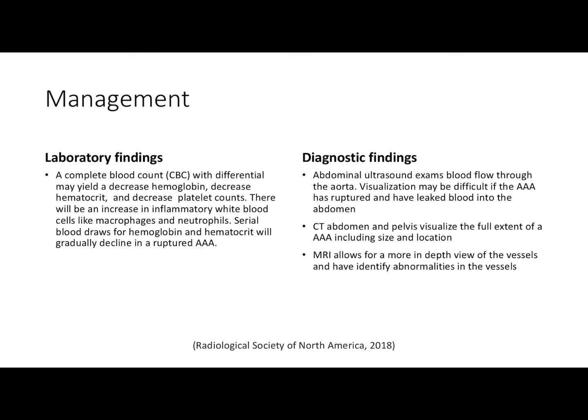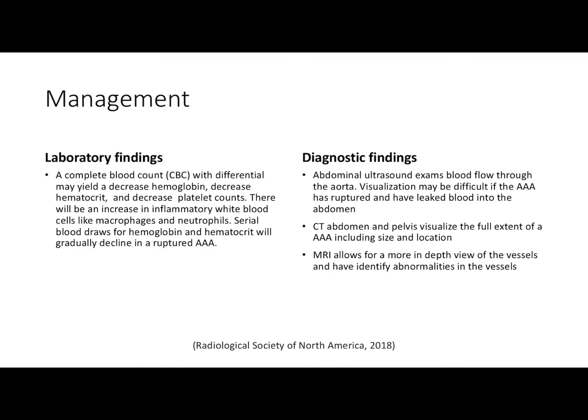Diagnostic findings as it pertains to this patient, since he was already displaying signs of a rupture with a low blood pressure, tachycardic, and the feeling of a tearing-like sensation, an abdominal ultrasound would be the quickest way to identify the tear and approximate the location. So, an abdominal ultrasound will examine the blood flow through the aorta.